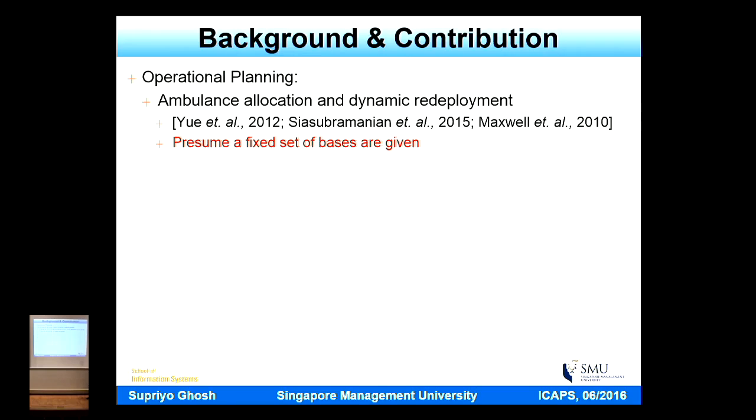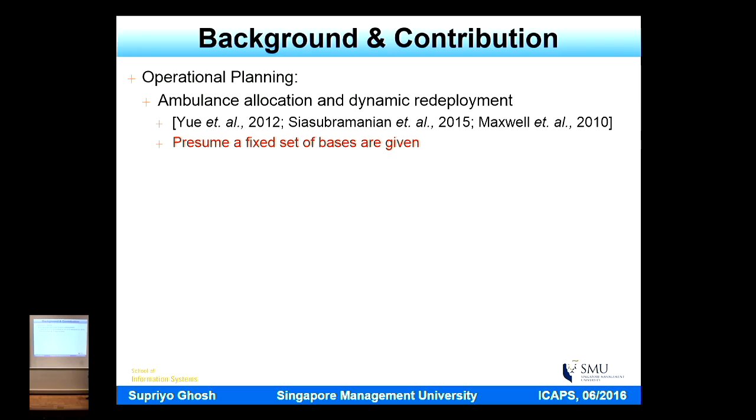The existing research in EMS is mainly in the direction of operational planning. That means they allocate the ambulances to a given set of bases such that most of the requests can be served efficiently. But in this kind of research, they assume that the base set is already known. But as I have shown in the example, these base choices can have a major impact on system performance.